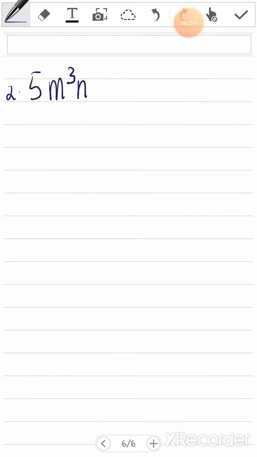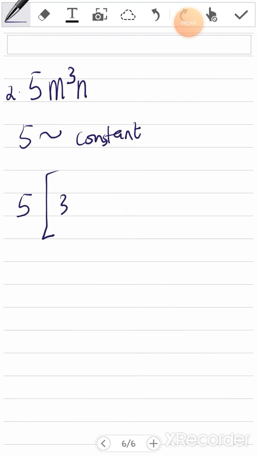For the second one, we are going to use the same method, and 5 is a constant. So this is what we are going to get. 5 will multiply the whole. m to the power 3 will be differentiated, which is 3 times m to the power 2 times n, plus, here n will be differentiated.